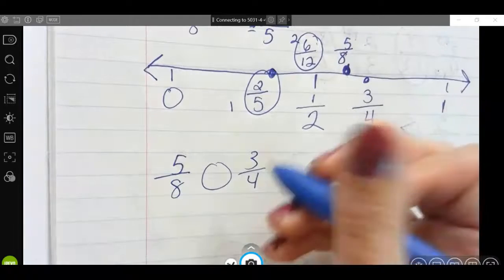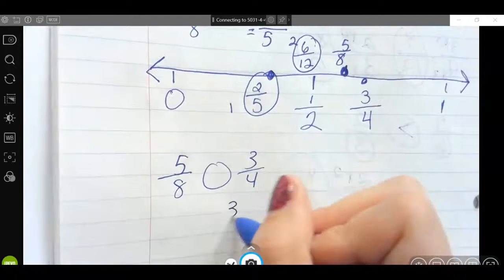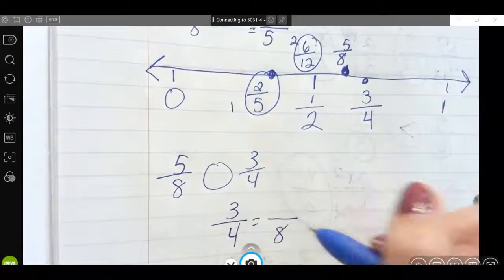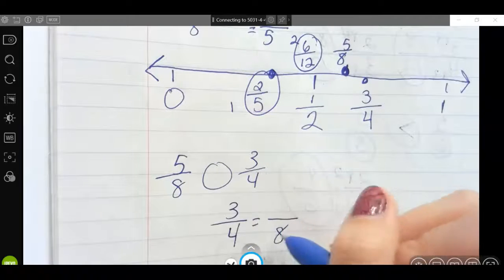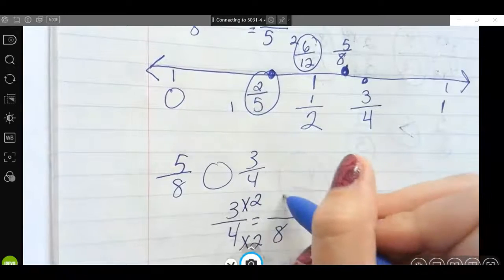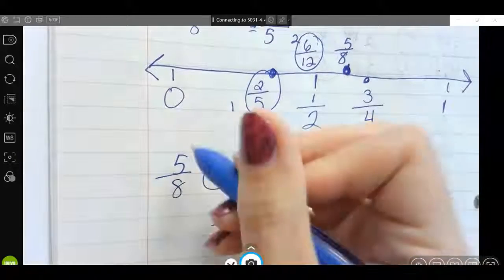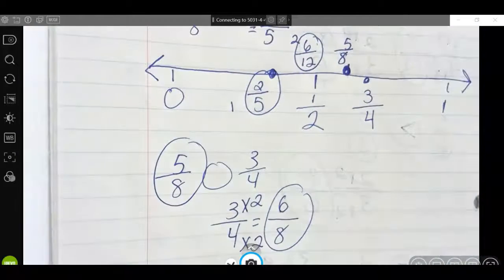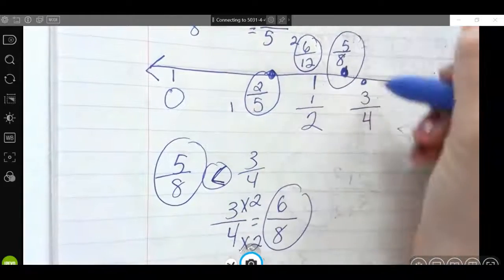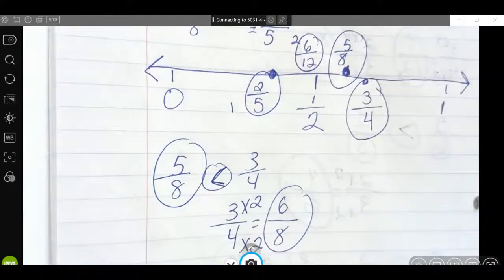Turn it into an 8. It has to have the same denominator to compare equally. How do I go from 4 to 8? Times 2. What's 3 times 2? 6. So which one is greater? 3/4. So now we can circle these and we know for sure that they go in that order.